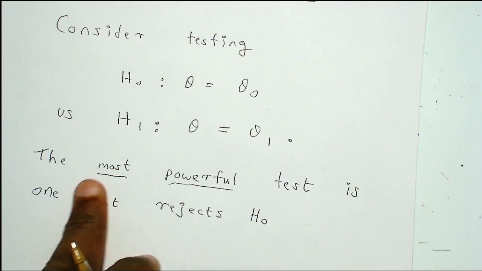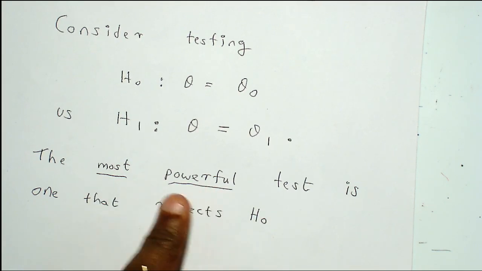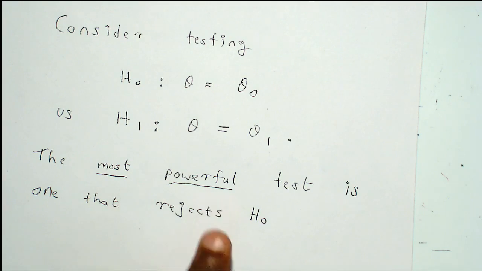The two words that you need to remind yourself is most powerful. The word most powerful means that it has the smallest values for alpha and beta, right? Okay?